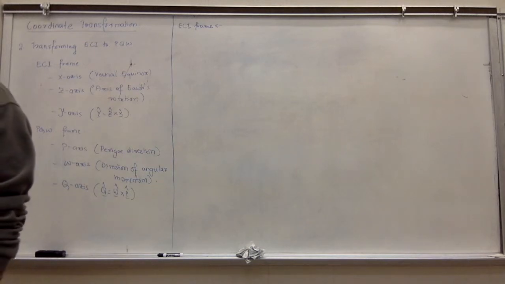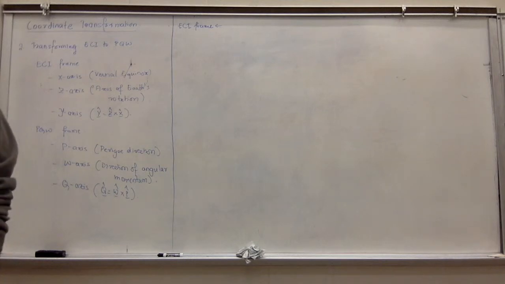Why was the W axis, the angular momentum for the geostationary orbit, the same as the Z axis? W and Z were the same for the first geostationary orbit. Why? Because Earth is also rotating like this, and the satellite is also orbiting like this. You see it?